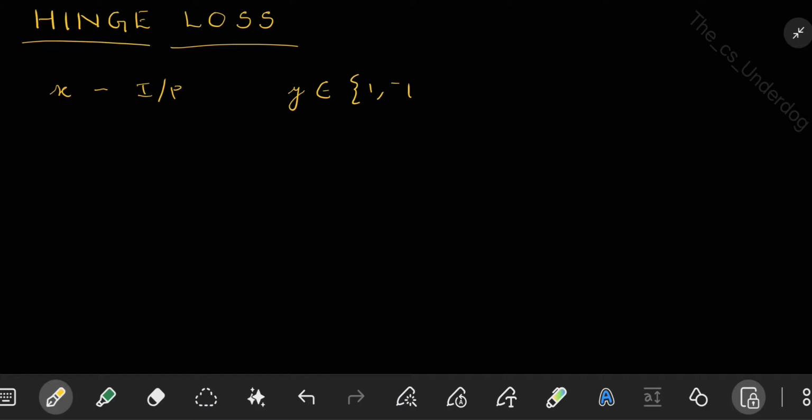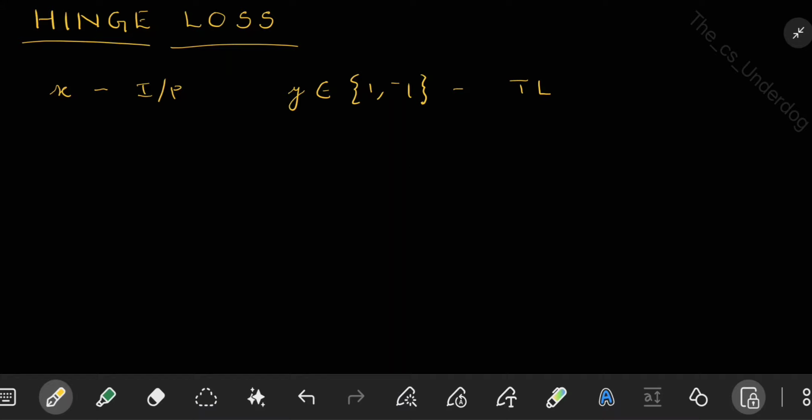That is, it can take only 2 values, either -1 or 1. This is the true label. True label means when you are given any particular input X, what is the actual class that it belongs to? You have 2 classes. The first class is called 1 and the second class is called -1. Which class does X actually belong to? That is called Y.